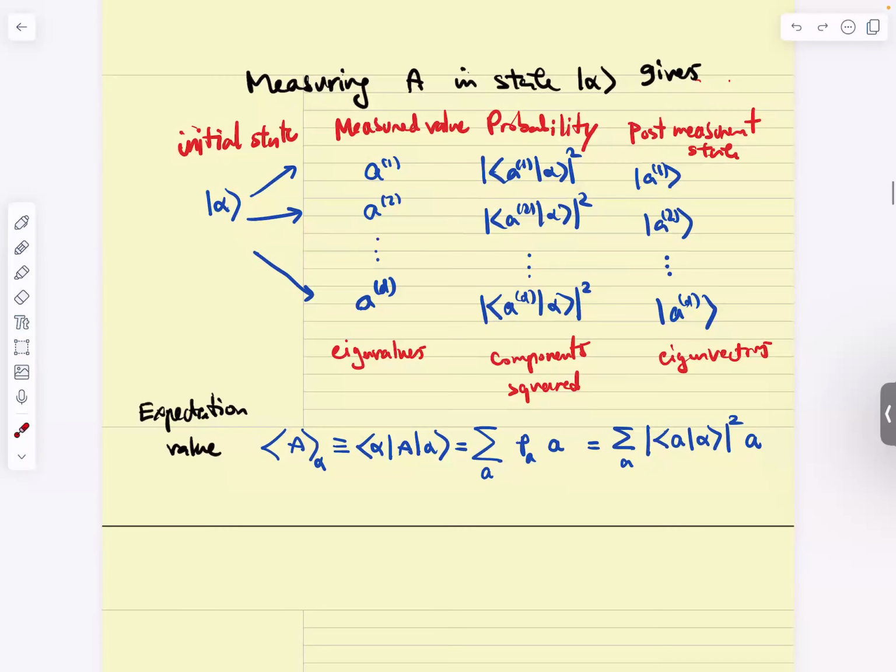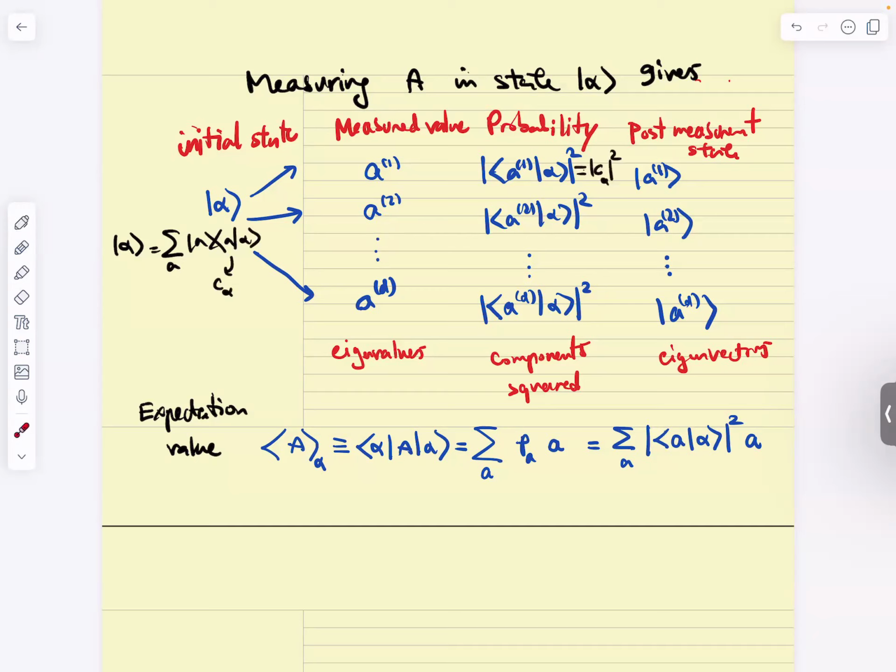And after you read this, the post-measurement state is thrown into the corresponding eigenket. And this event happens with a probability, which is the bracket of this. Let me write it a little better. So alpha is a sum; once you expand it in this basis, this is c_a, and the probability is just |c_a|^2.